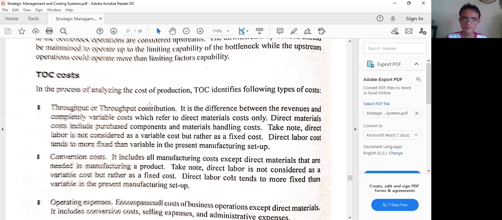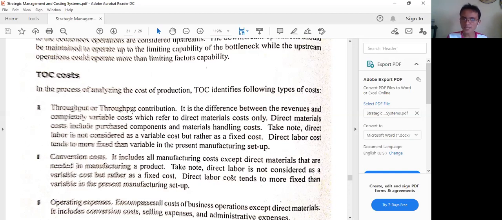So basically, the throughput contribution is like the contribution margin, minus the direct labor and the factory overhead, which are components of the conversion costs, right? I almost said direct materials because, remember, direct materials are also part of the variable costs that are to be deducted from sales or revenues to get the contribution margin.